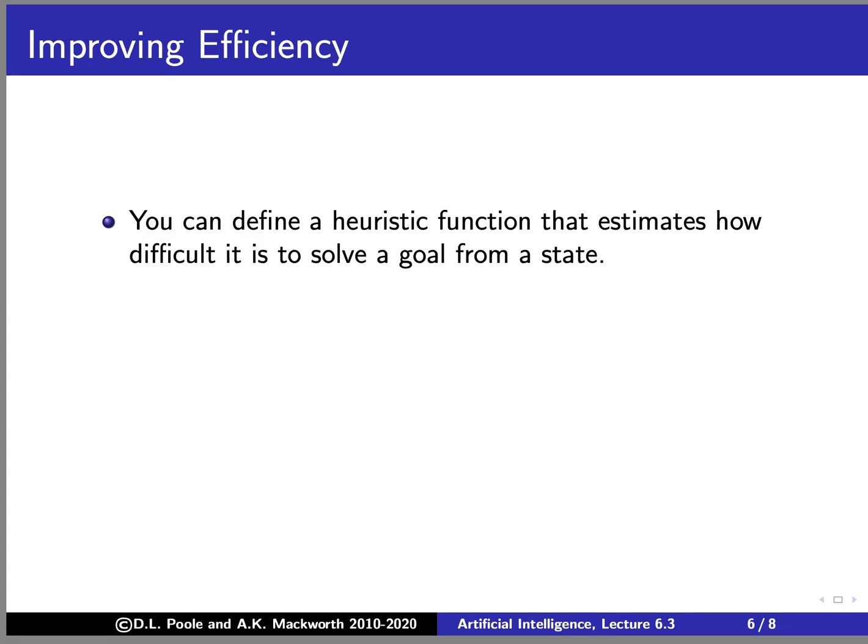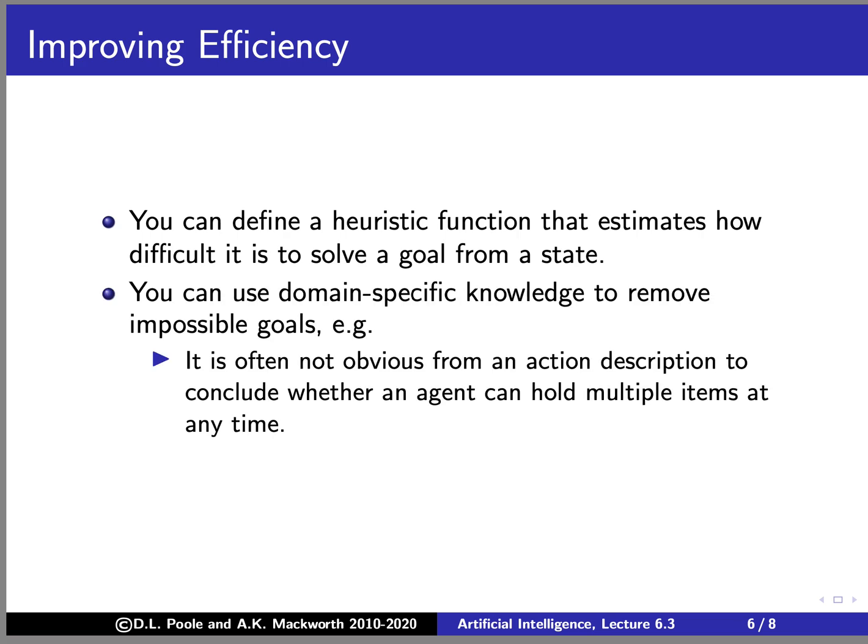To improve efficiency, we can define a heuristic function that estimates how difficult it is to solve a goal from a state. And if you think about this, it's actually the same sort of heuristic function we needed for forward planning. However, you'll find out that when we play with this, they achieve quite different things about what to actually prune. And we can use domain-specific knowledge to remove impossible goals.